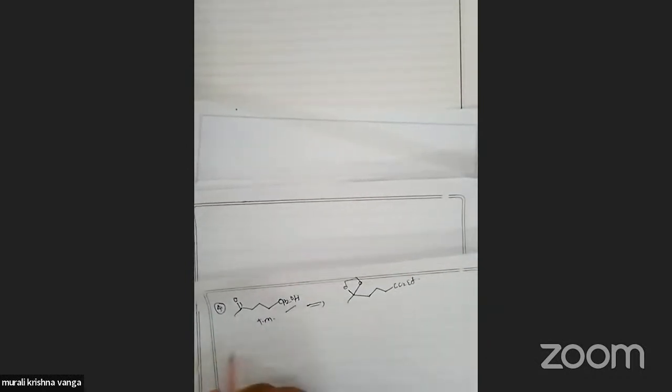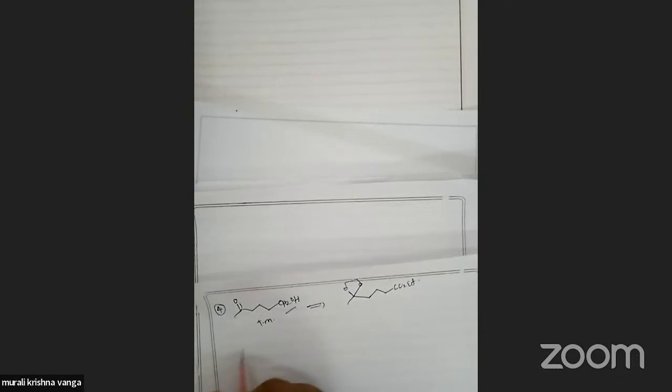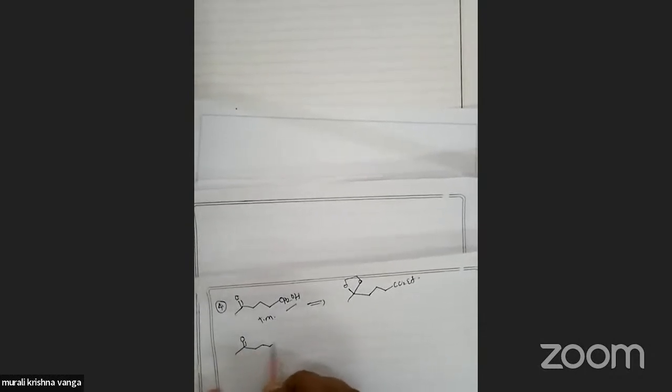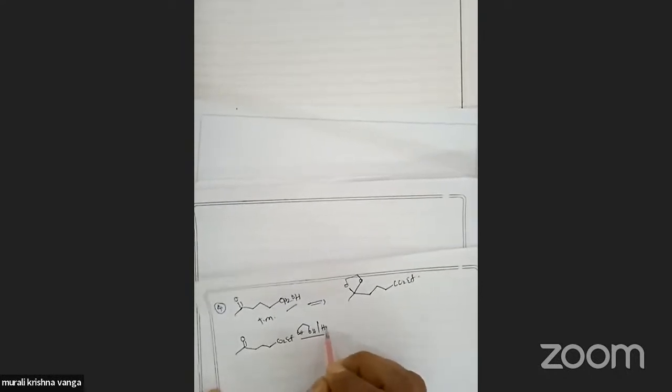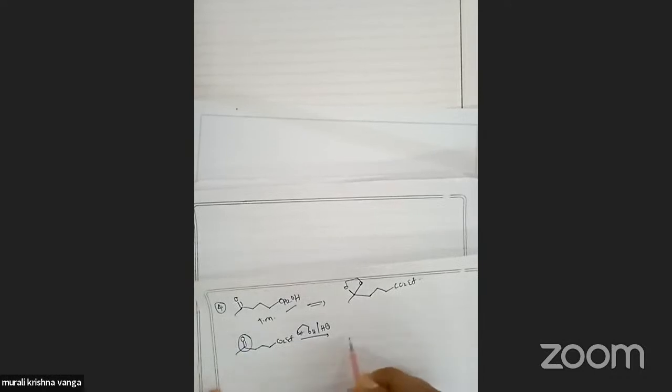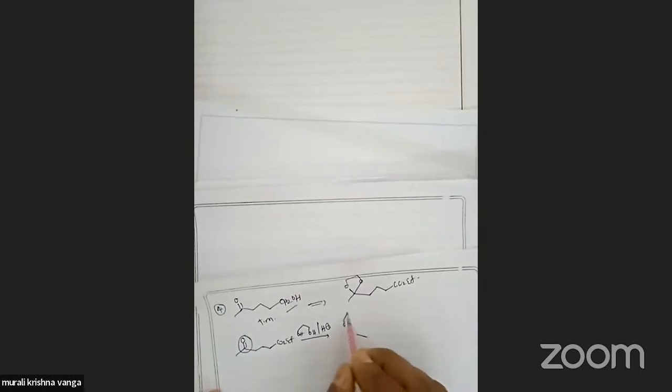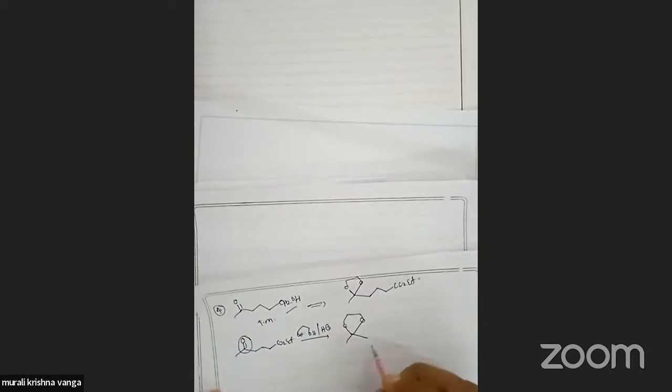For its synthesis, the keto ester is reacted with glycol in acid medium, and the keto group is protected as a ketal.